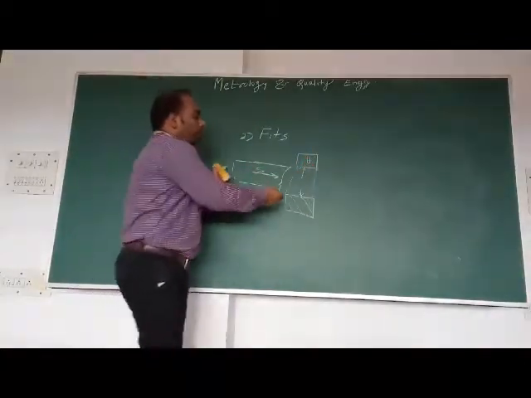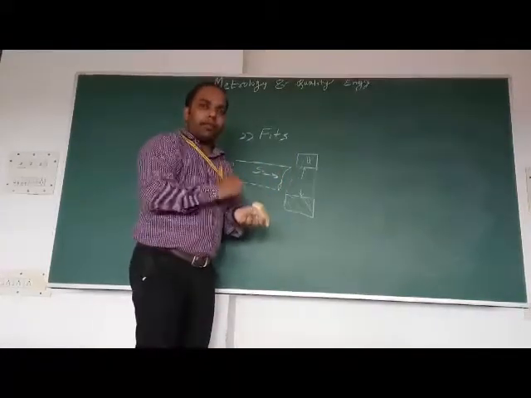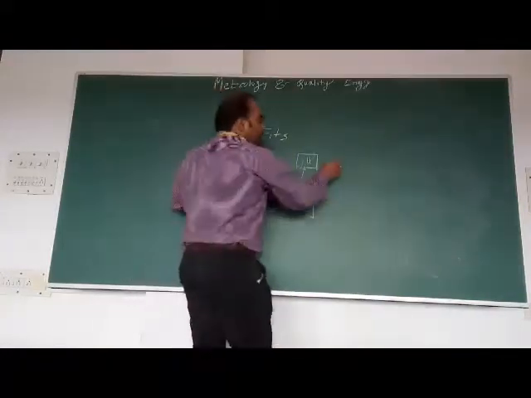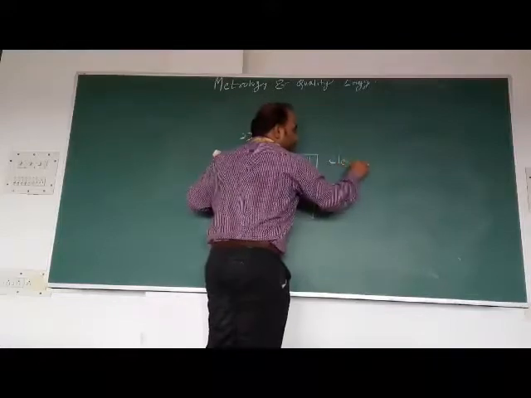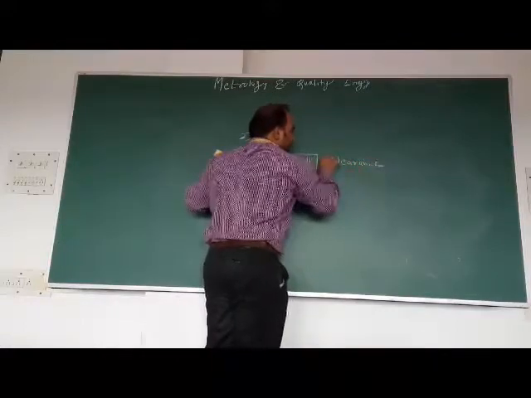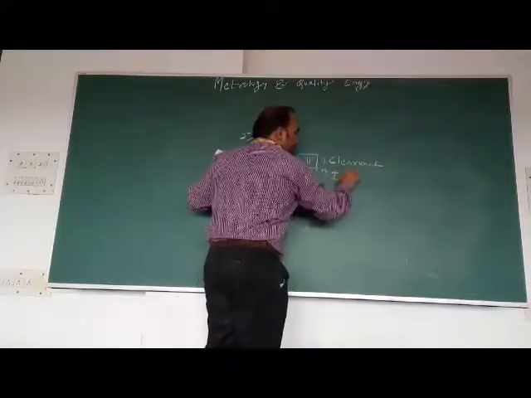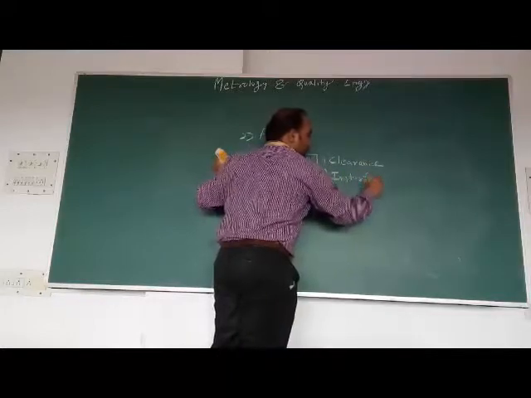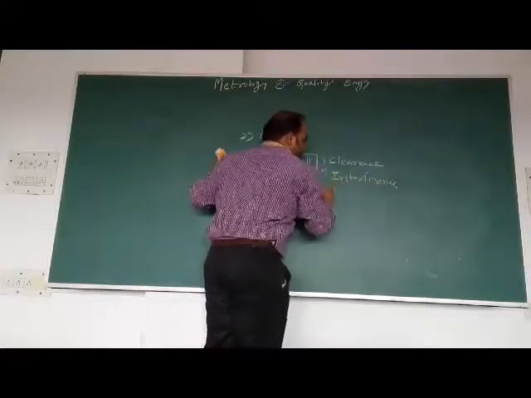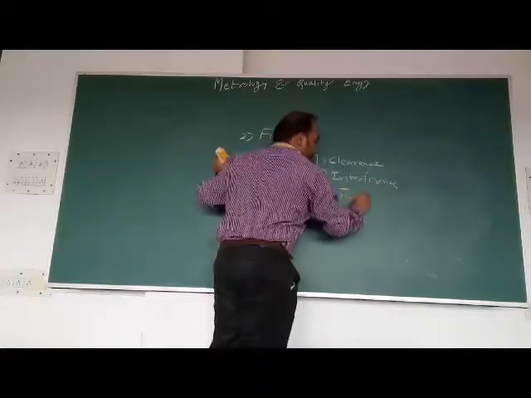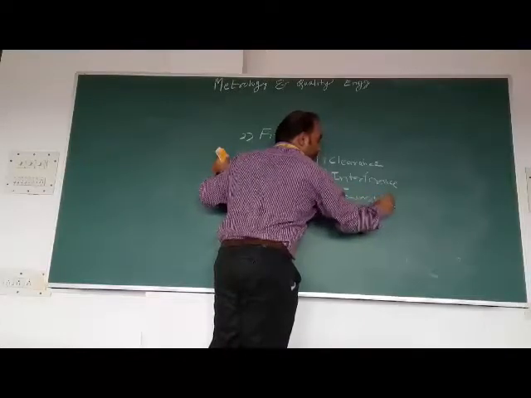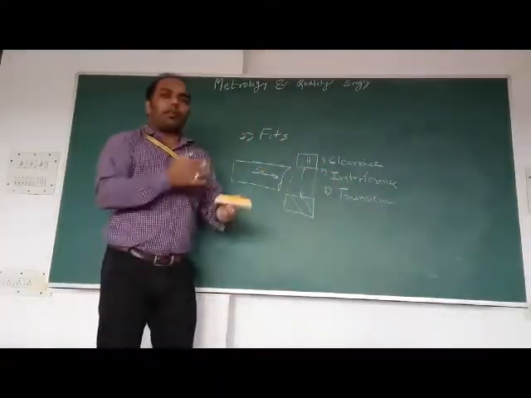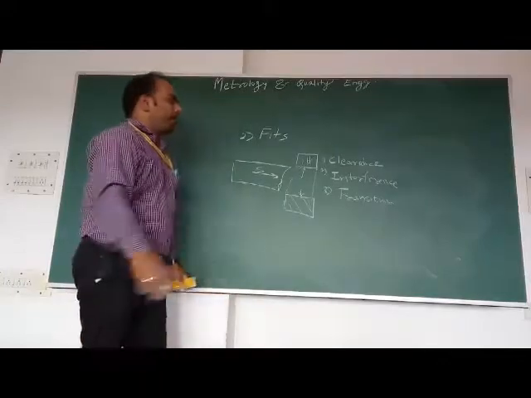Now, dependent on the assembly and the limits, there are 3 types of fits, namely clearance fit, second interference fit, and third the transition fit. Let us see them one by one.